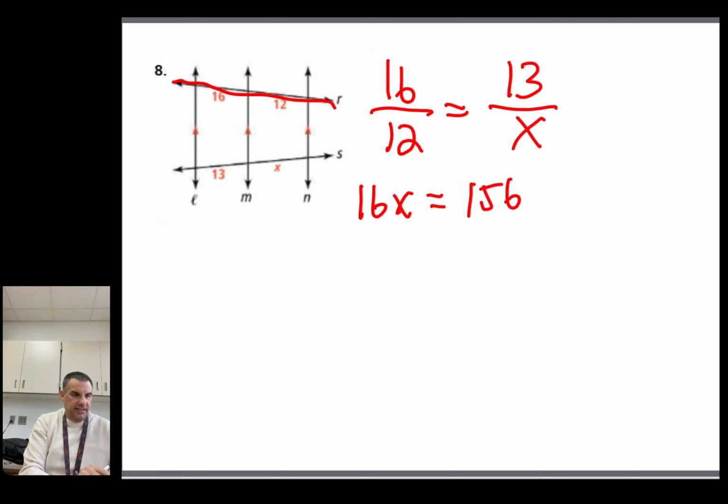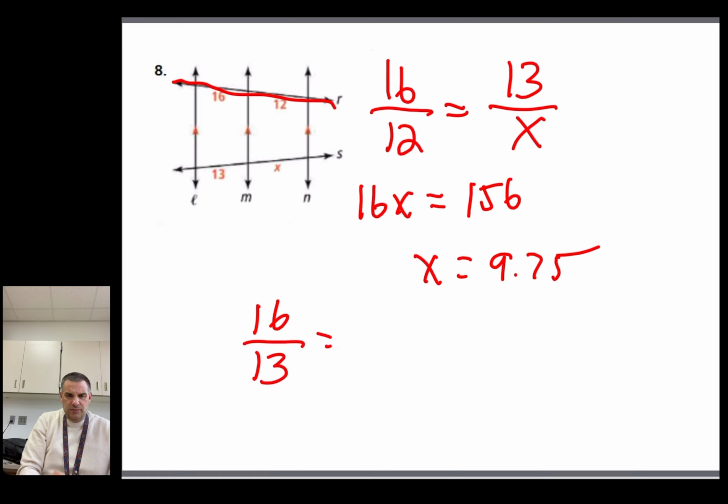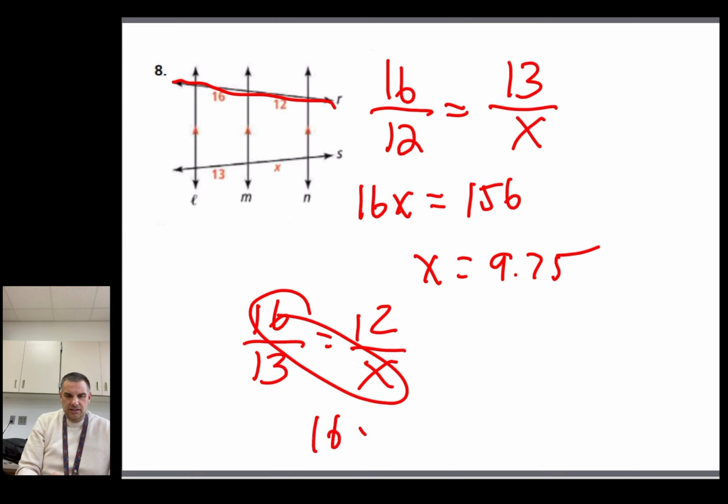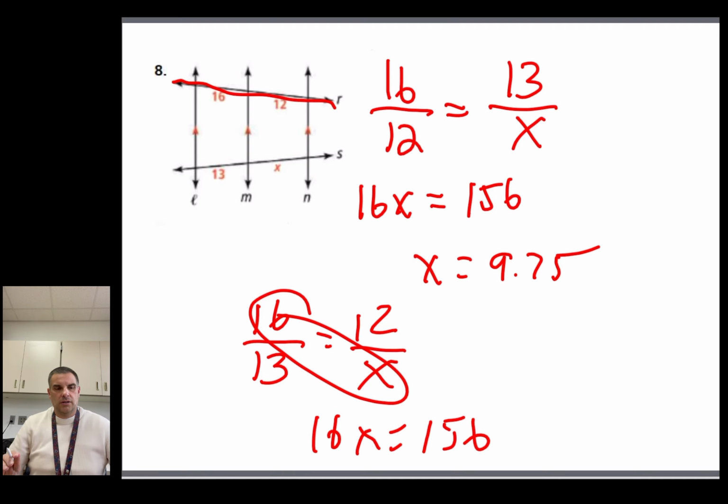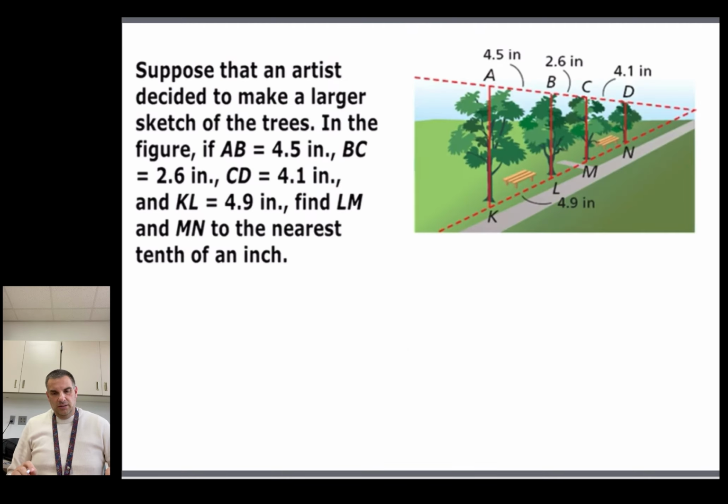Divide that by 16. You get x is equal to 9.75. And again, if you wrote it differently, if you went 16 over 13 equals 12 over x, notice you get the same thing. 16x equals 156. As long as you go the corresponding parts over the corresponding parts, it's going to work out when you're doing these.